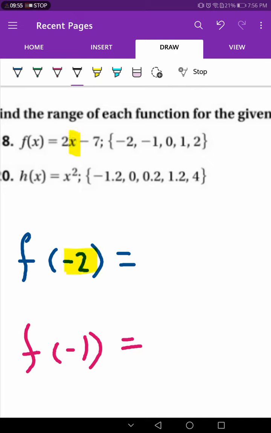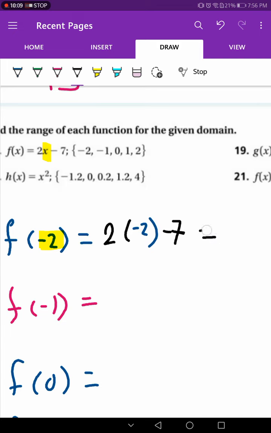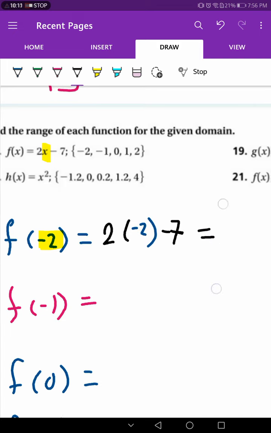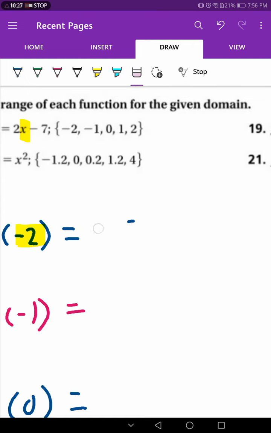So I will do like this: 2 multiply negative 2, negative 7 equal. 2 multiply negative 2, so it is negative 4, and negative 7 equal negative 11. So this will be negative 11. So I will erase everything here and write the first element of the range is negative 11.